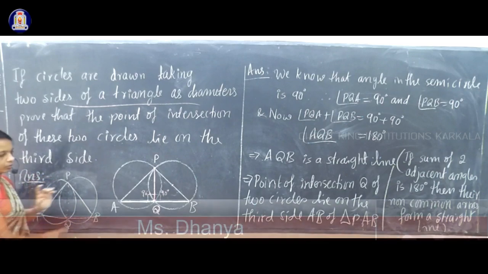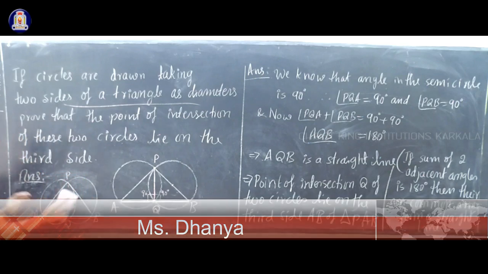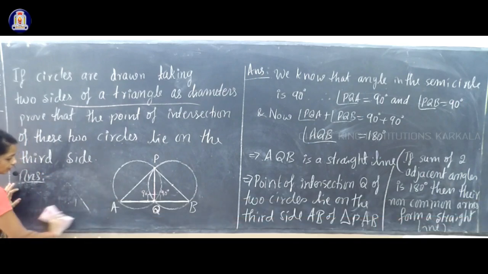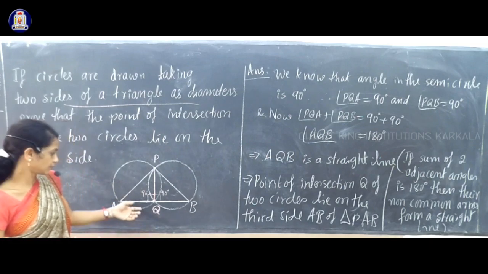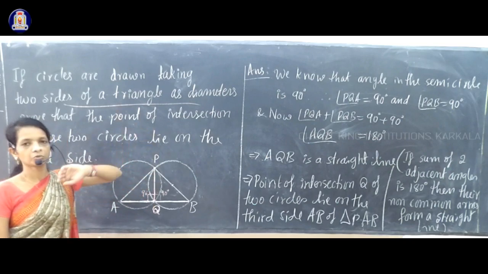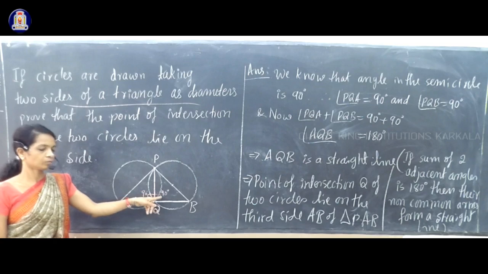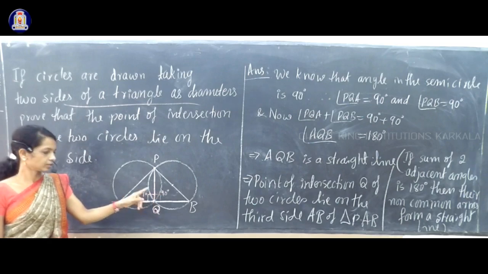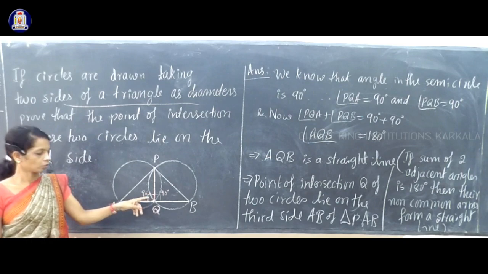Okay, to prove that we join P and Q. That is extra to do. If you are not joining PQ, then you can't use the angle in the semicircle is 90 degrees. So for that reason, you have to join PQ. After that, you have to use angle in the semicircle is 90 degree. Using that, you will get both angles at Q as 90 degree. And if you take a sum of that, that gives you 180 degree.